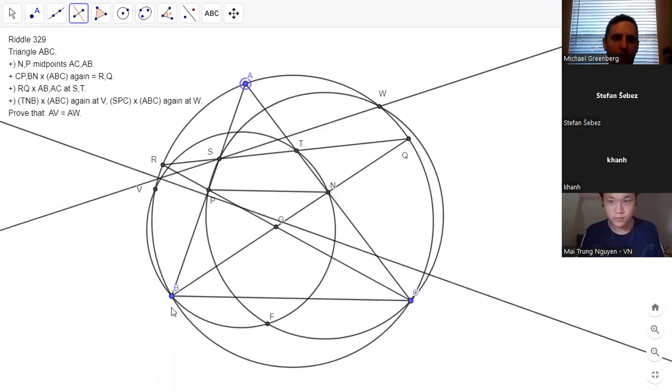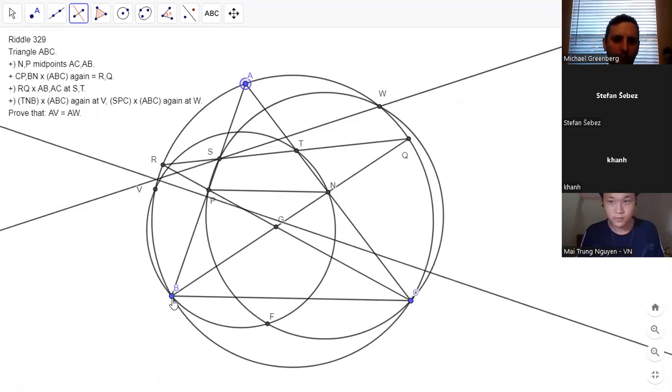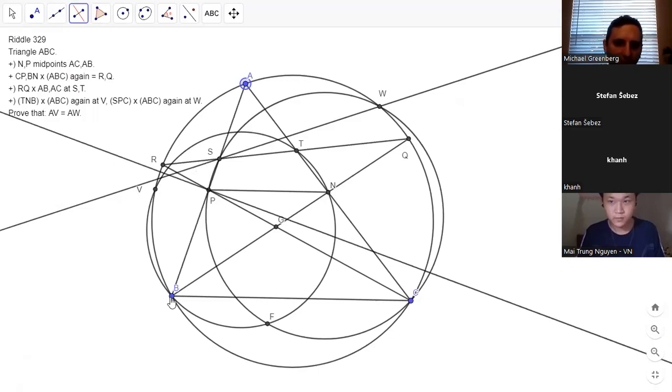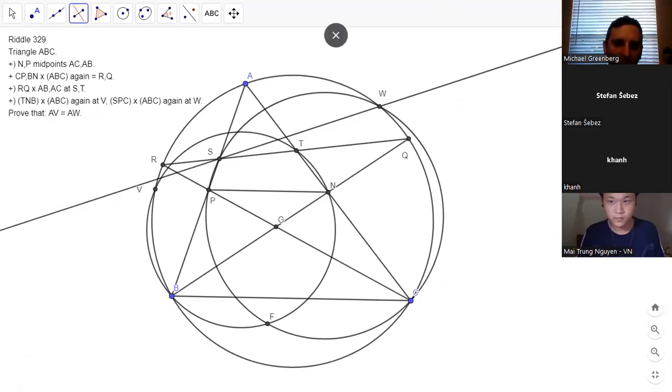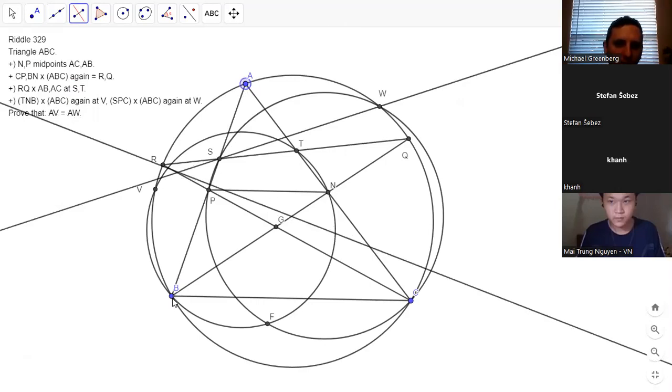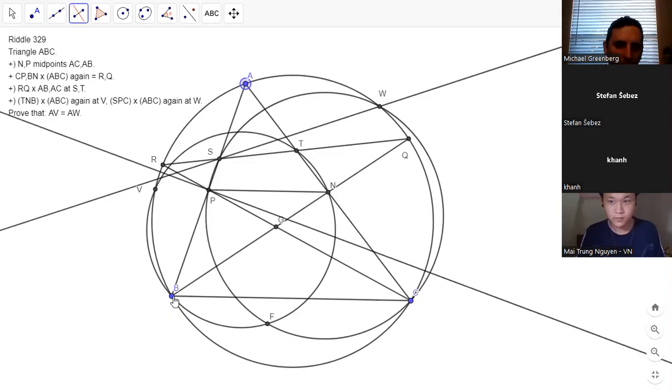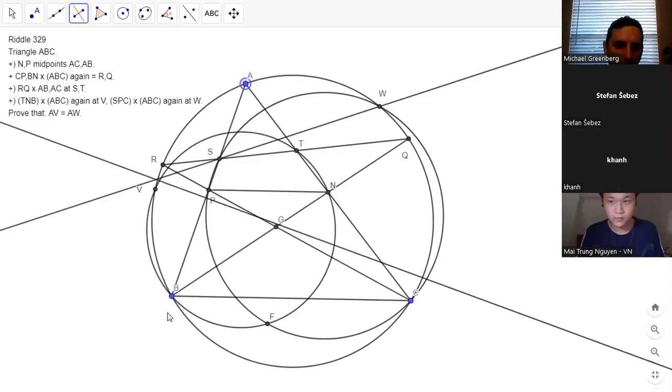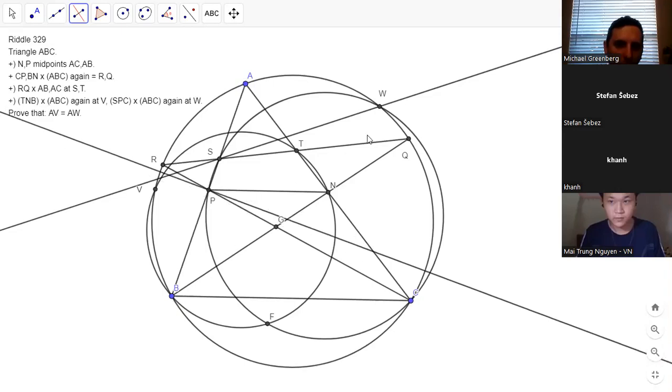Let's see if that's true. Yeah. If we could show WS bisects... what just happened there? I thought I had it. Is that right? No, I don't think that's right.